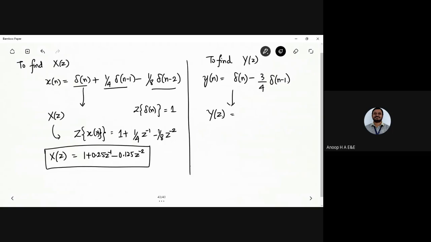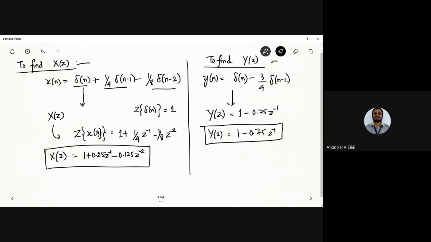Next, y of z is 1 minus 0.75 z power minus 1. That is how you can find y of z: 1 minus 0.75 z inverse. So this is how we carry out x of z, and this is how we carry out y of z.